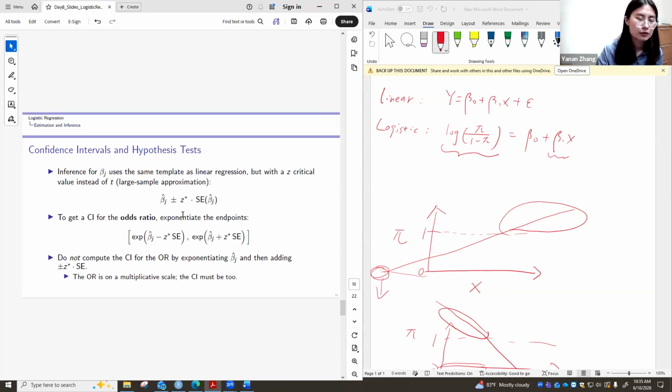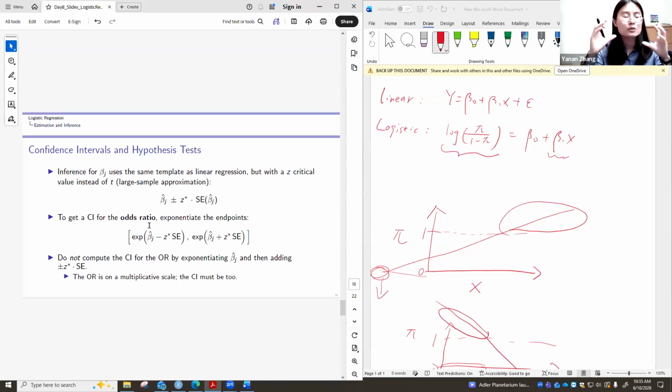So this formula gives us the confidence interval for the beta. Remember the 3 scales we talked about: log odds scale, odds ratio scale, and probability scale. So this confidence interval is calculated on the log odds scale, right? If we want the confidence interval for the odds ratio, we need to first get the confidence interval on the log odds scale, then take the exponential.